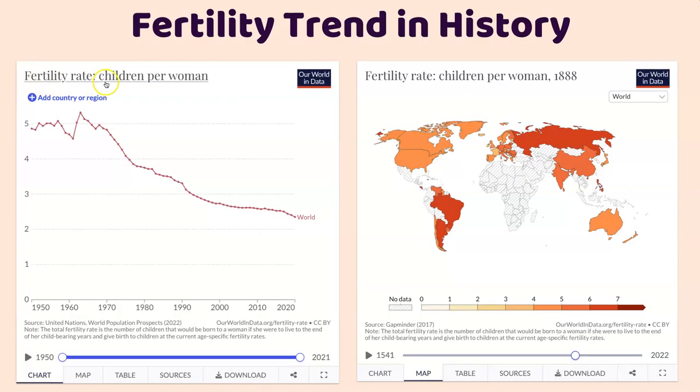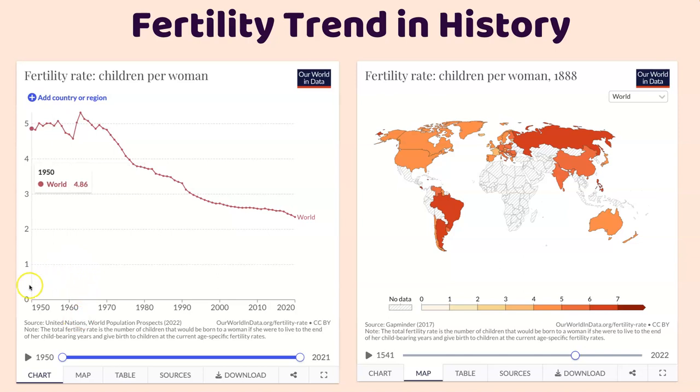All right, the fertility rate of the children per woman. What we call the total fertility rate, I will cover a little bit later. This is the expected number of children, because usually it's higher than one. This is the total number of children expected to have of a woman in that country.